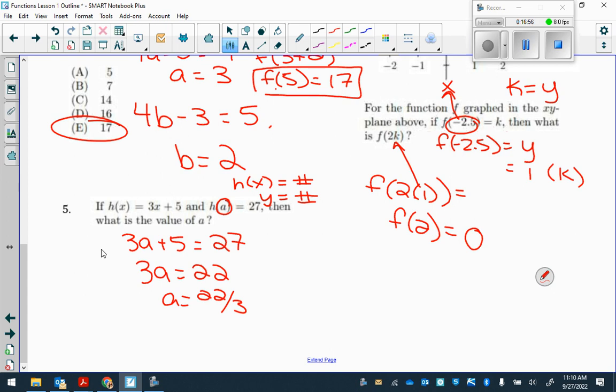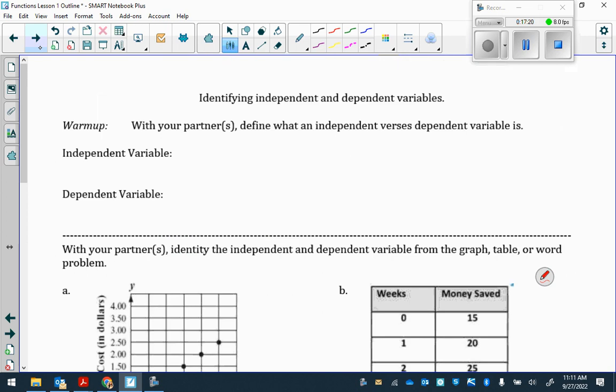If you look at the next page, for independent versus dependent, you possibly have heard these terms before, and we're going to do it as a group. Either one, independent or dependent, how can you define it? What does independent represent? What does dependent represent?